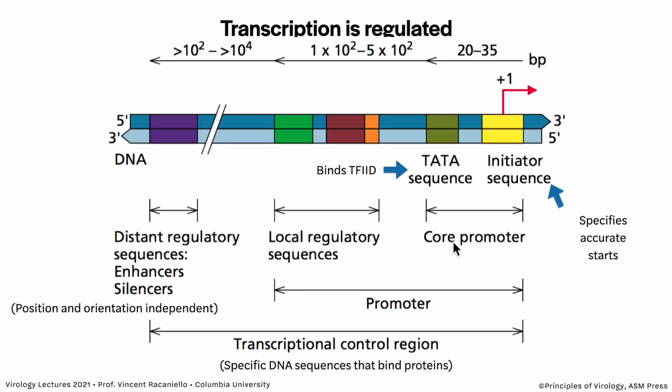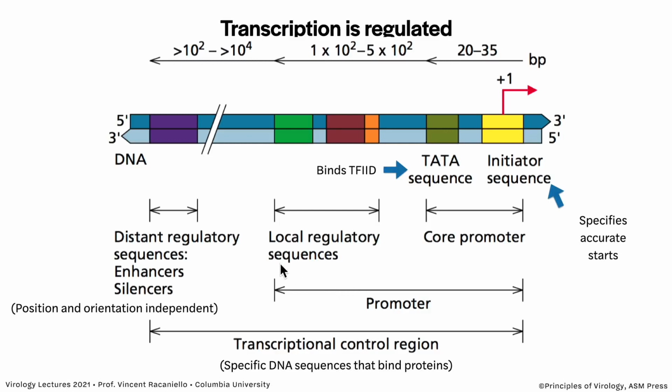You can often take that and put it in a DNA and get a good amount of transcription without any regulation. And then if you go a few hundred bases upstream, you have other regulatory sequences called local regulatory sequences. These all bind transcription proteins, and they modulate the efficiency of initiation. And this is called the promoter region.